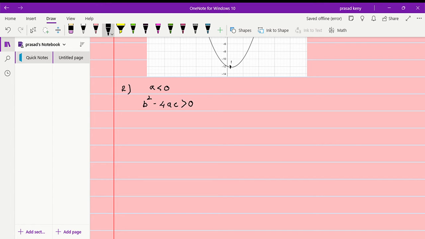Now a is less than 0 means it is a U opening downwards with a maxima, and b square minus 4ac is greater than 0 means again it has two distinct roots, means the graph intersects the x-axis in two distinct points.